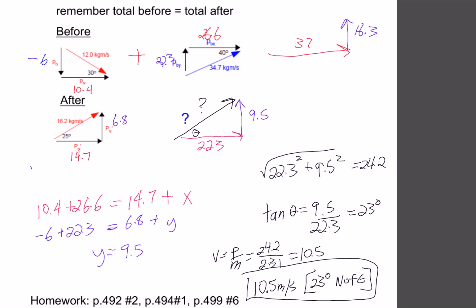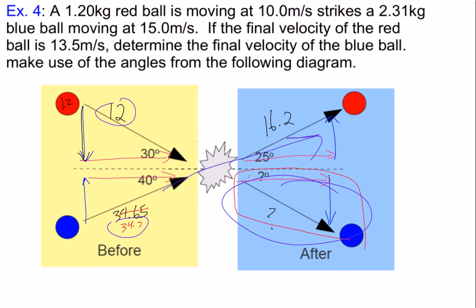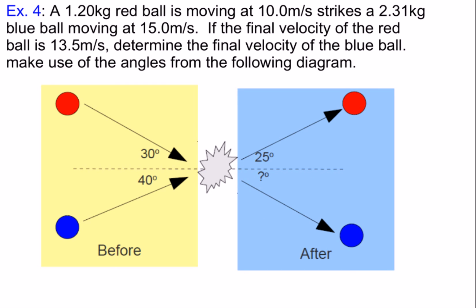So let's go back and see if that makes sense. 10.5 going at 23. If we go back to our original one, let me clear all of the writing here. Our original one was 1.2 kilograms. This one was 2.31, so the blue one was quite a bit larger. Our red one was going down at 10, the blue one was going at 15, so it was quite a bit faster.